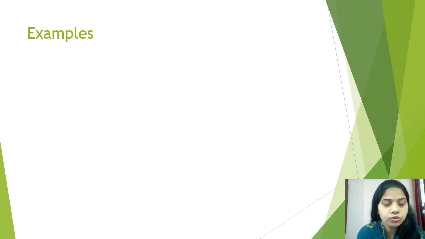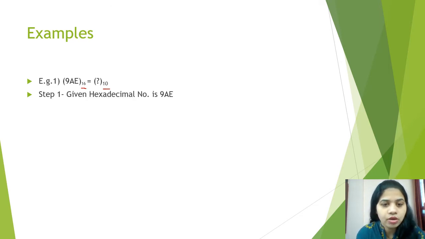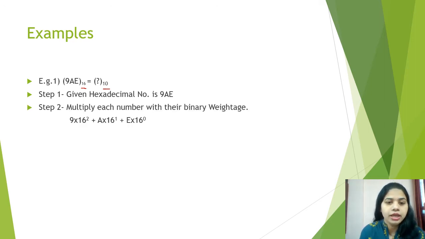So let us see the example. 9AE is the hexadecimal number, as 16 is written over here, and 10 is written here, so we have to convert this number into its corresponding decimal number. Let us follow the steps. First, we write the given hexadecimal number, which is 9AE. Then we multiply each digit with its weightage.